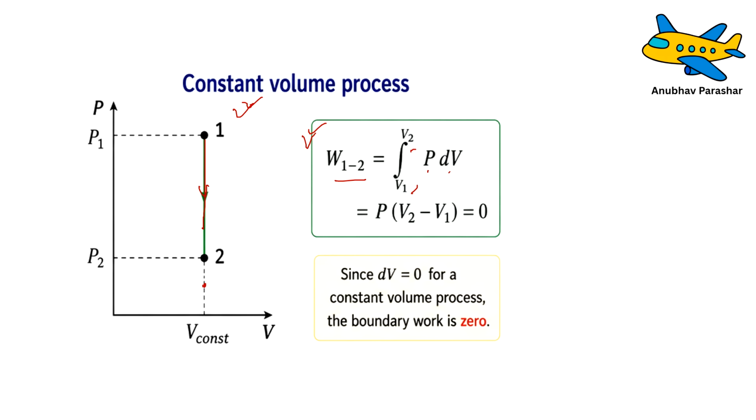Here the pressure changes, no doubt, so you cannot take it out as constant, but what is the volume change? V2 minus V1 is 0, and since V2 minus V1 is 0, there is no point calculating anything else, because anything multiplied by 0 is 0. So the total work done in a constant volume process is 0.